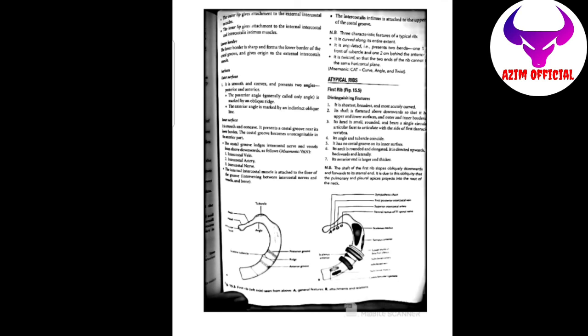The outer border provides origin to the first digitation of the serratus anterior about its middle, just behind the groove for the subclavian artery. You can see in the pictures the subclavian artery. Can you see the subclavian artery just before the ridge?